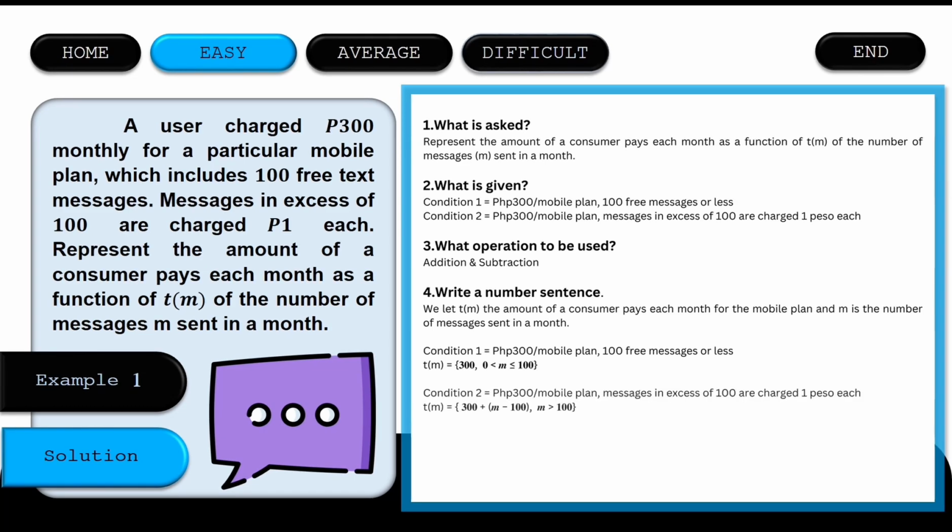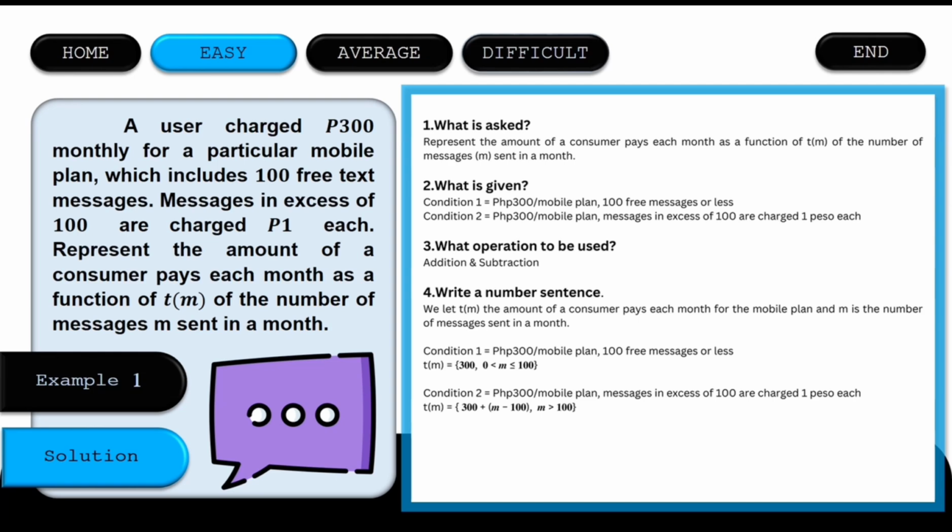Next statement or second condition, messages in excess of 100 are charged 1 peso each. Pagkakaroon naman tayo dito ng 300 plus quantity of m minus 100. Itong m minus 100 are the messages in excess of 100.